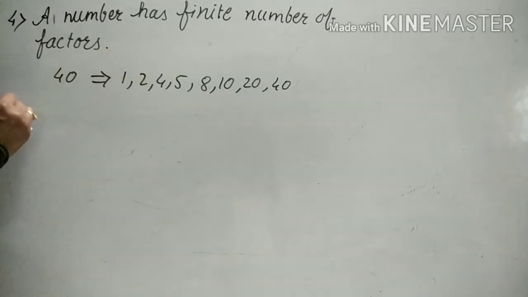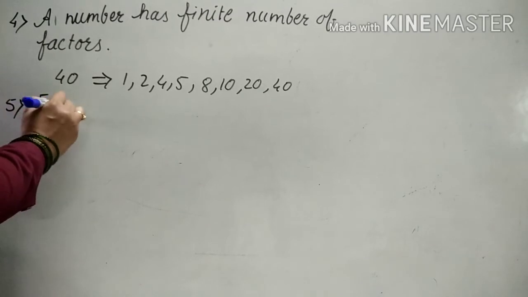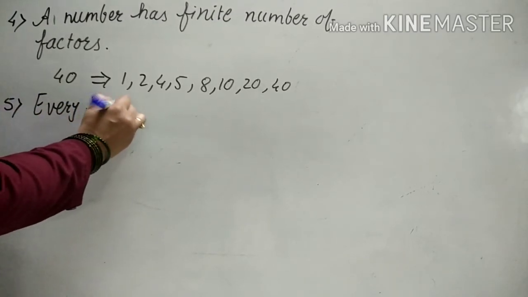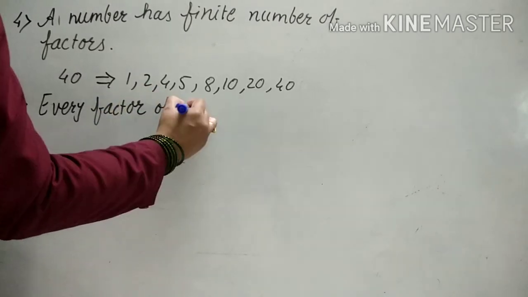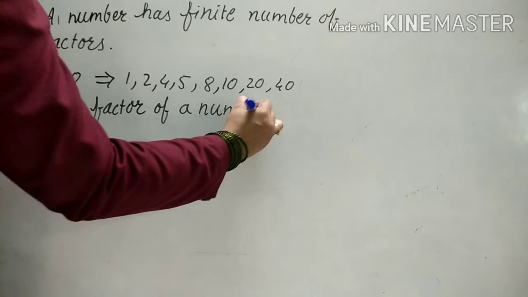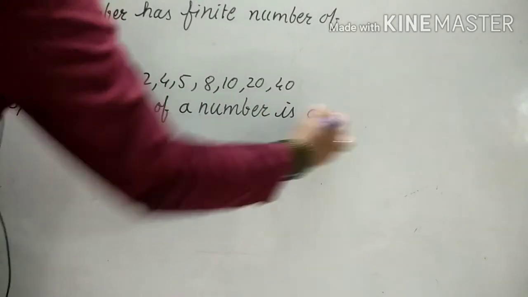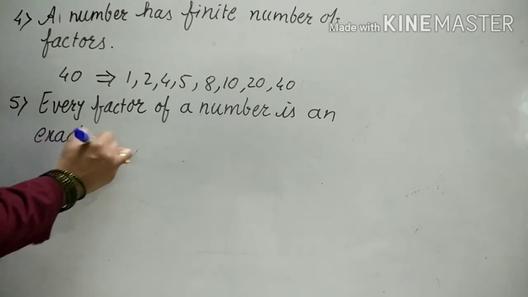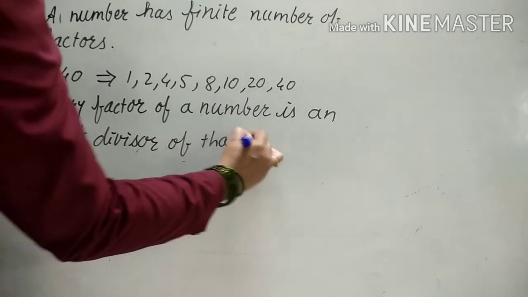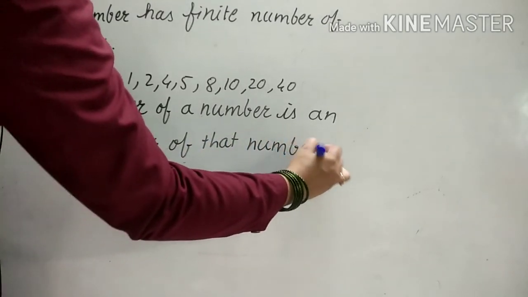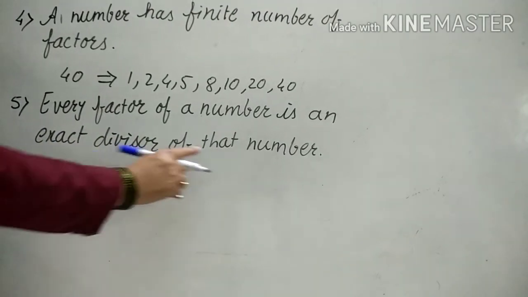So let us see the next property. Every factor of a number is an exact divisor of that number.